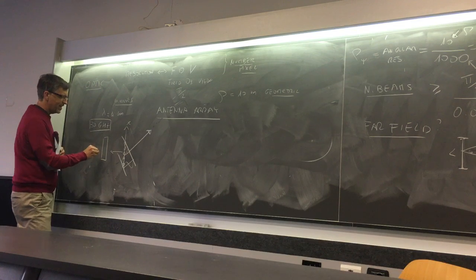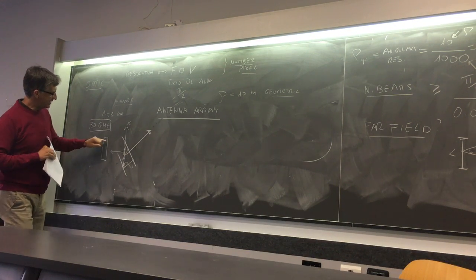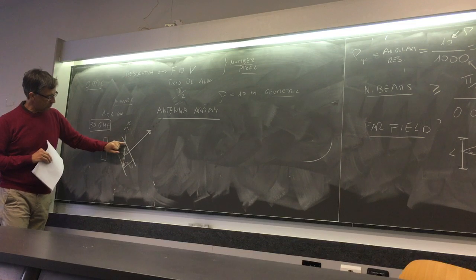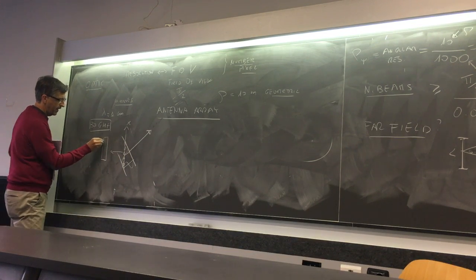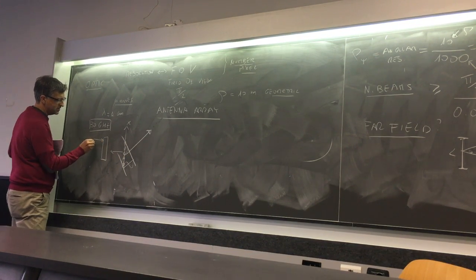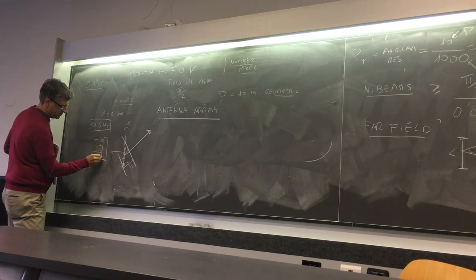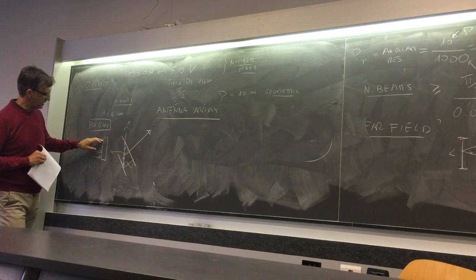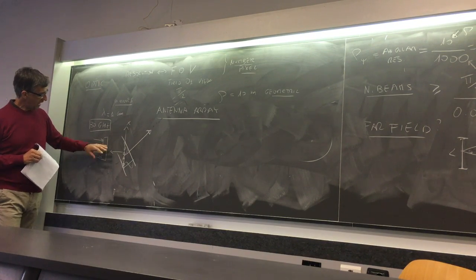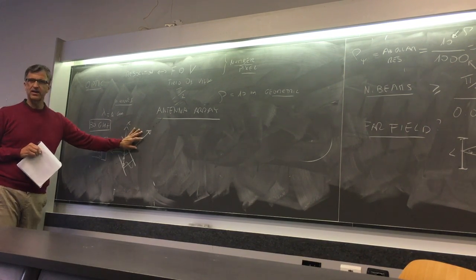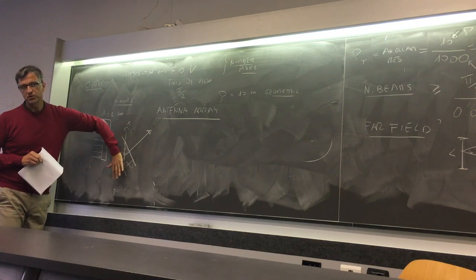I make a different frequency, so by changing the frequency, I excite this antenna, or if I receive, I receive this antenna with different frequency, and simultaneously I can receive this position, and this position.